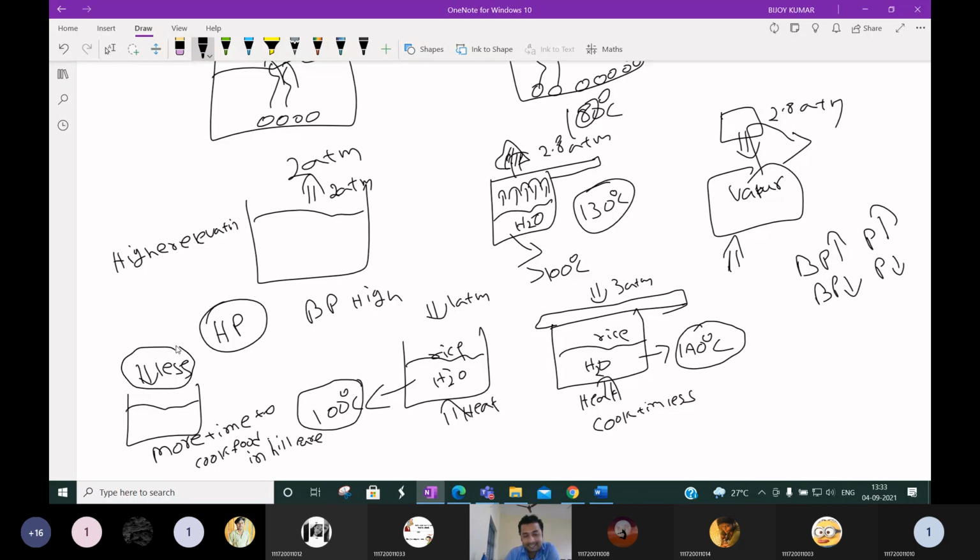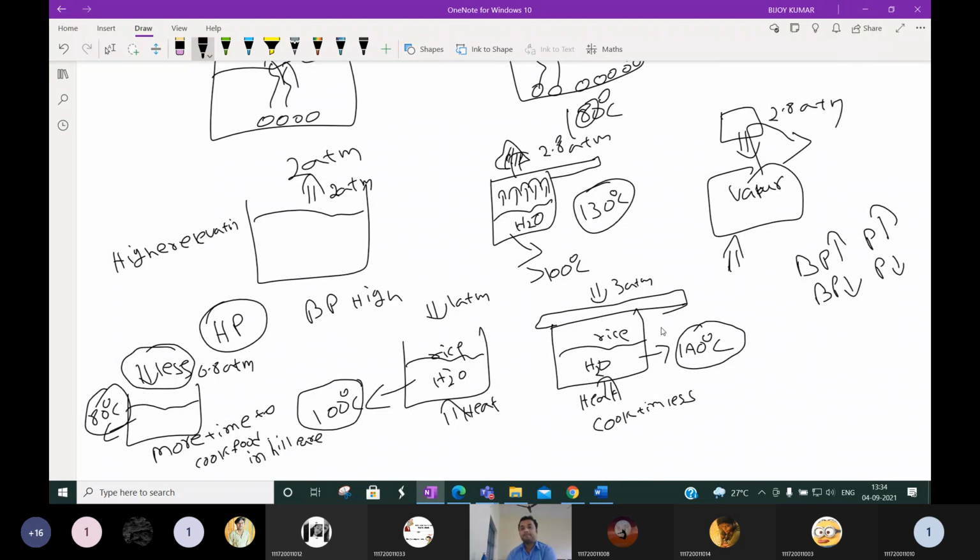Pressure is less means what? Suppose the pressure is 0.8 atmosphere. Then at what temperature will the liquid boil? 80 degrees centigrade, suppose. The liquid will boil at 80 degrees centigrade. Then why is more time required to cook food? And in the pressure cooker, when the pressure is higher and the boiling point is higher, why is the food prepared in less time? Okay, this is my question.